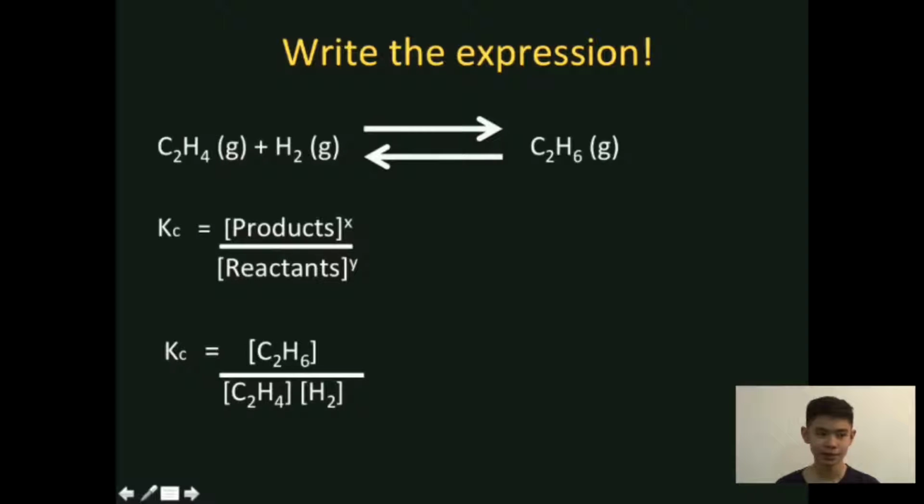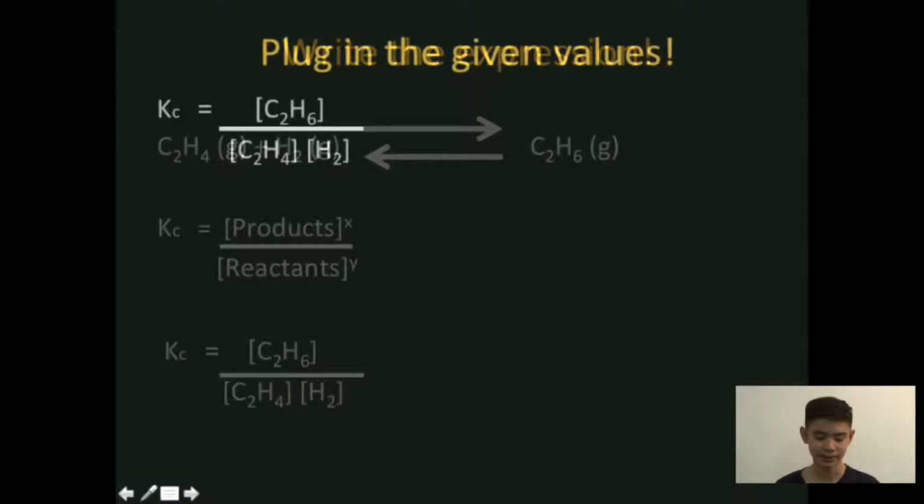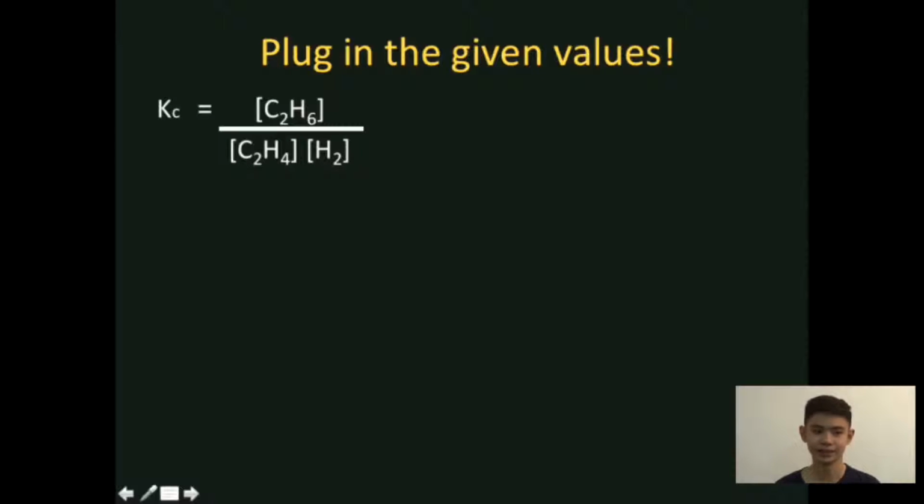Now, after eliminating all of the reactants and products that are in the solid and liquid phases, the next thing we have to do is to write the equilibrium expression. The equilibrium expression is typically written as the products over the reactants, with the x and y shown here representing the coefficients if there are any.